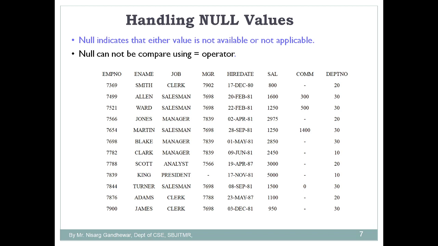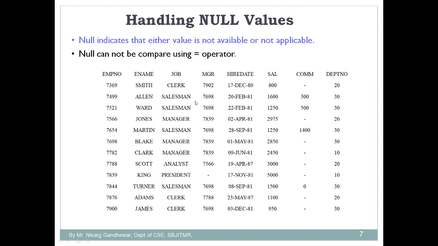And one more thing, suppose we add any number to null, it becomes null. That means null cannot be compared by using less than, greater than, or equals to, and if you perform any kind of operation, such as addition, subtraction, multiplication or division, you will get null itself. So handling of null is very important.